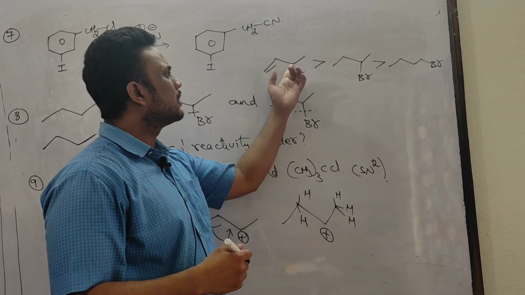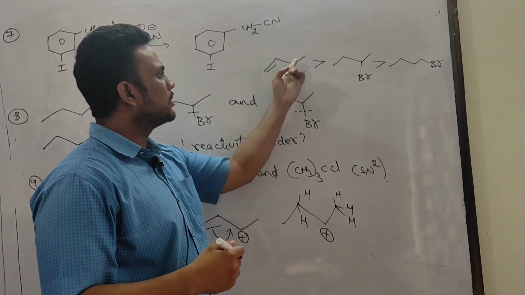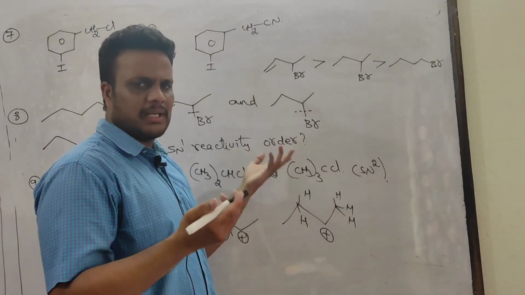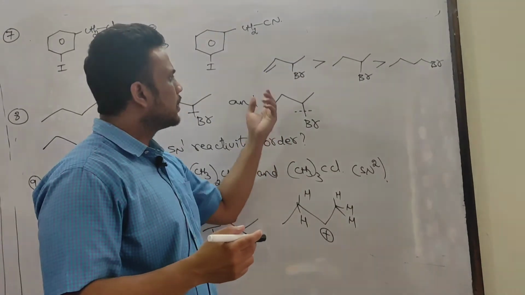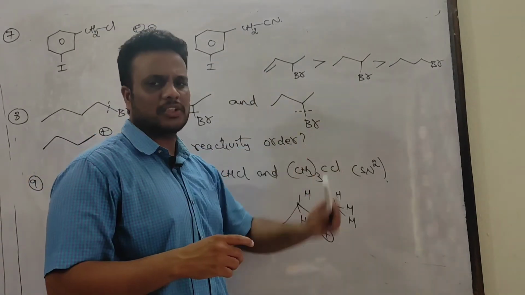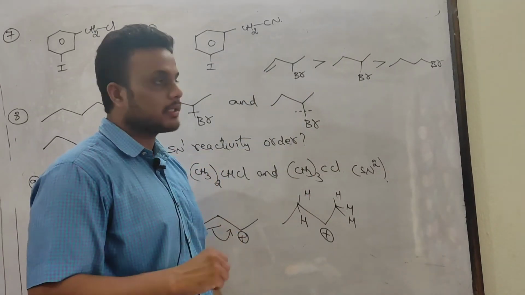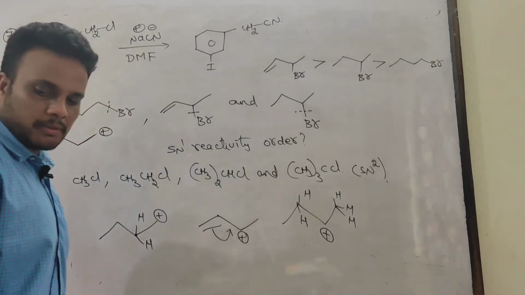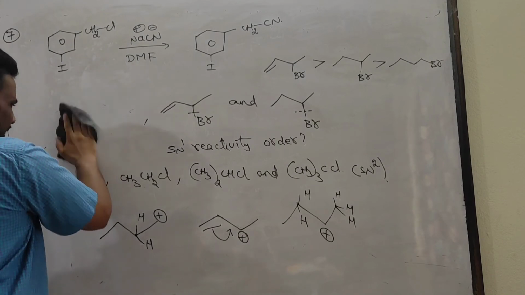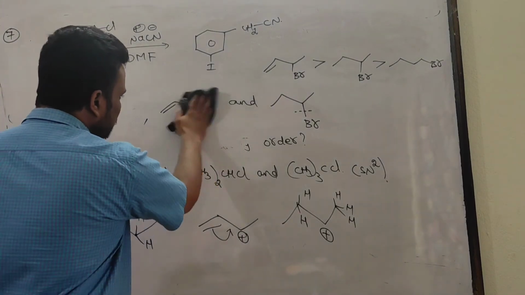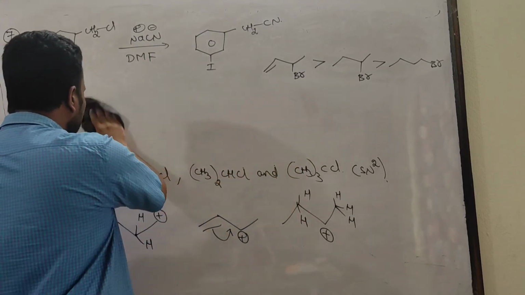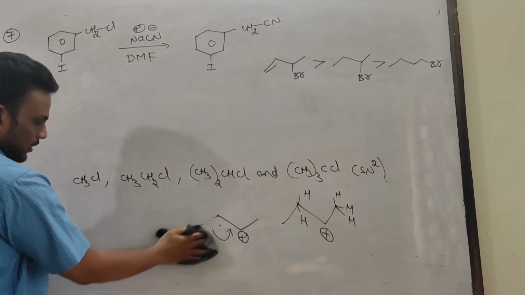Moreover it is secondary, and from this side it is also stabilized by hyperconjugation, but all together it is resonance stabilized, and in any other structure resonance stabilization is not there, so it should be the most stable carbocation. So this is the correct reactivity order. Not only SN1, in any reaction if the intermediate is more stable, then the rate of reaction is more, and that reaction is faster than other reactions.